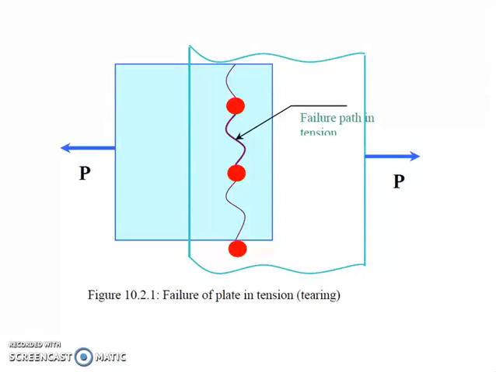As can be seen in this diagram, under tension at that particular point, when a force is applied along both sides, the member undergoes tearing, and therefore we need to design the plate for this tension failure.